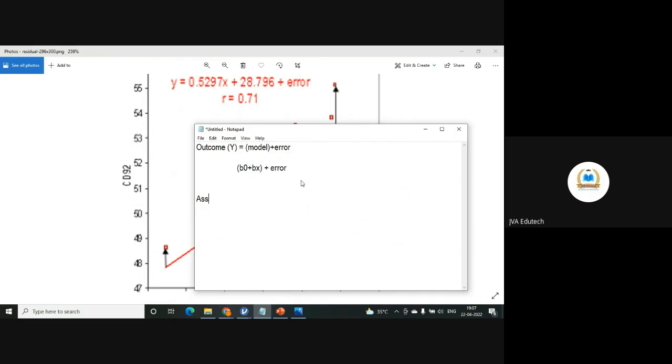Assumptions of regression. First, normality of residual errors is checked through normal Q-Q plots or normal P-P plots or the Anderson-Darling test.